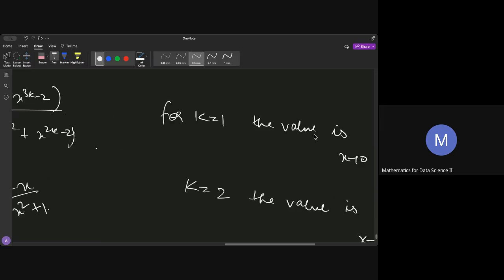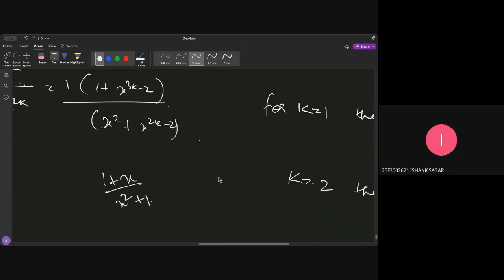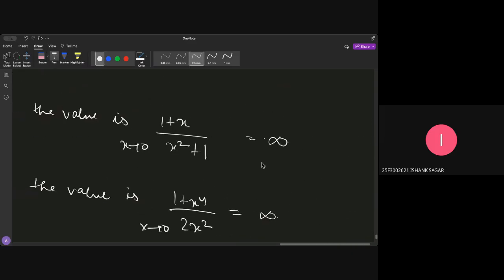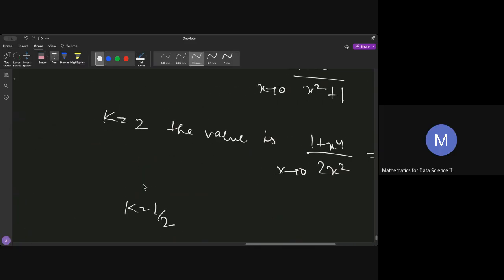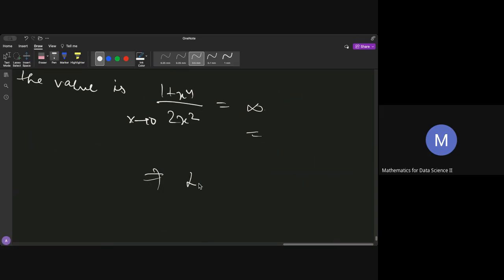So this should be 1, right? This limit will be 1, and this limit is something else. So via different values of k, you're getting different values of the limit. This implies the limit does not exist.